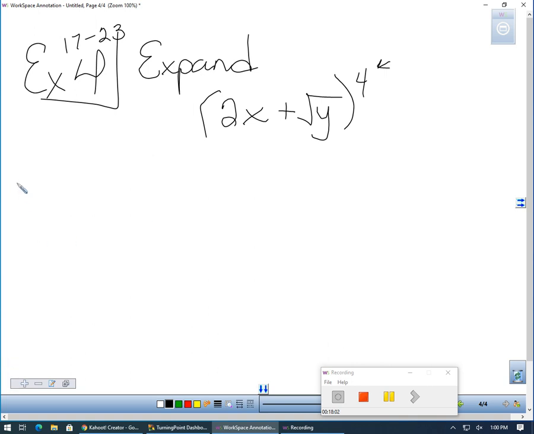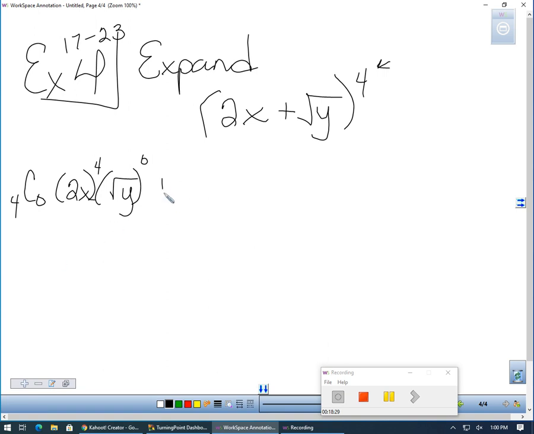So we start with 4c0. Then I'm going to put in parentheses 2x, because it's a term together, to the 4th power, and then the square root of y to the 0 power. Do you have to write that one down? No, but it does help you keep track of the pattern going on.